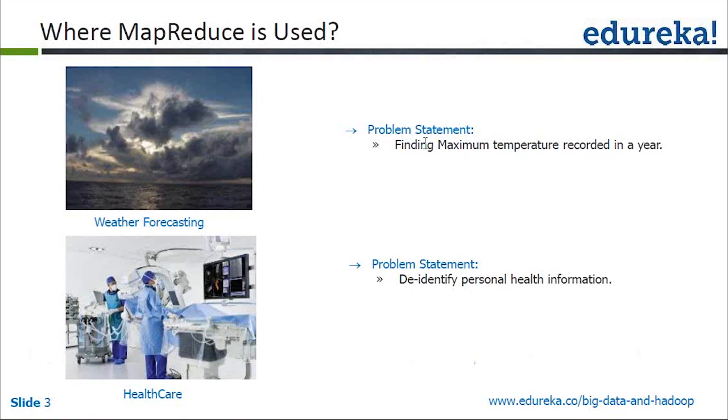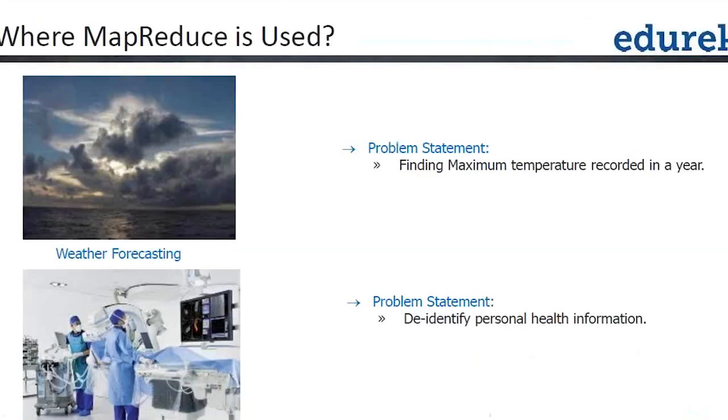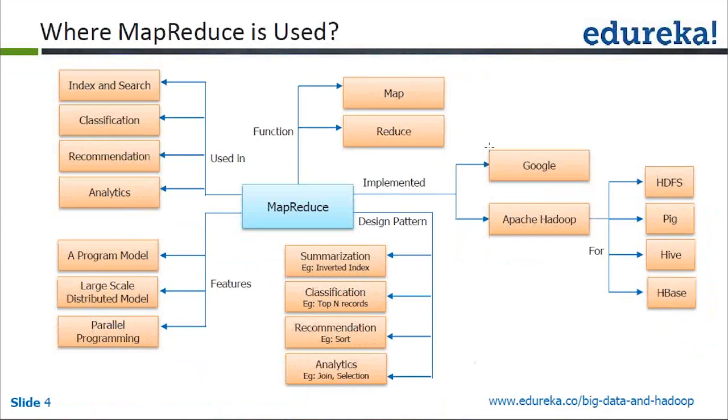And see the applications for Hadoop, or see MapReduce is nothing but your batch processing. So wherever you are doing your batch processing, MapReduce is a prime candidate for that. Your use cases could be anything. This one depicts where MapReduce is being used.